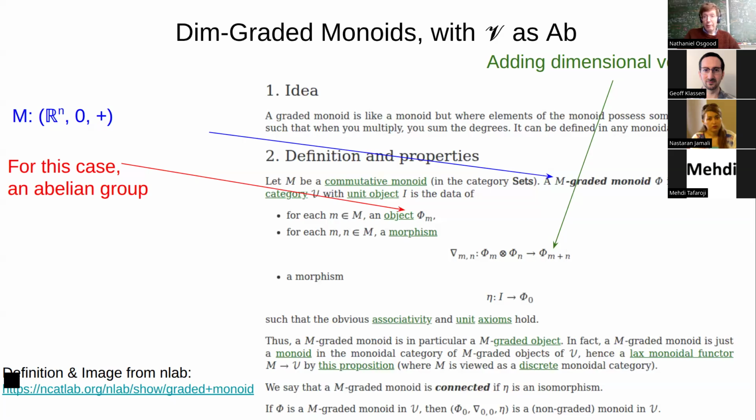So it'd be 1 for time, 0 is nothing for length, 1 for person. So we simply add the vectors up. This is the plus in our monoid. So we add those dimensional vectors.